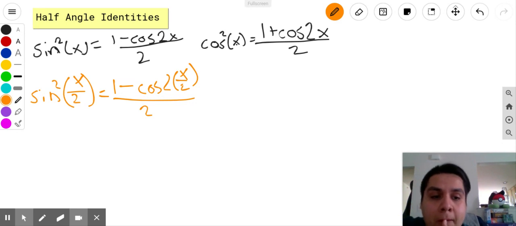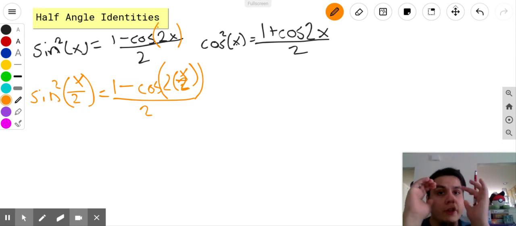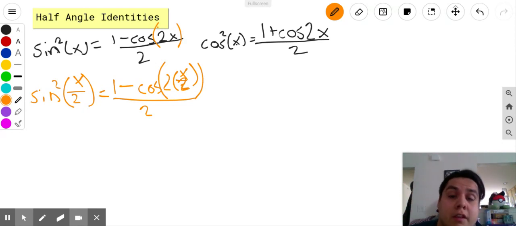All right. So I guess I should have put this in parentheses here. Because that's what's going on inside of the trig function, right? I have the 2 times whatever angle input I was given, and that angle input was a half.